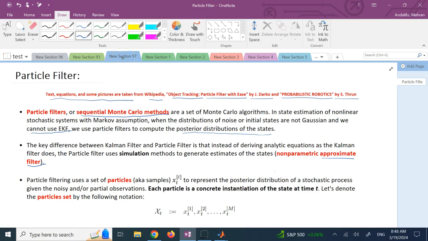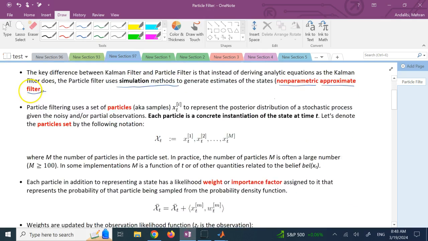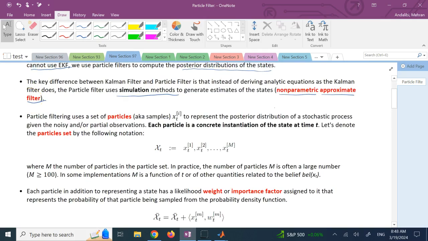Here, the propagation is done through simulations. As I said, they are approximate, and the good thing about them is they are non-parametric. So we don't need any parameters, like mu or sigma or anything like that.